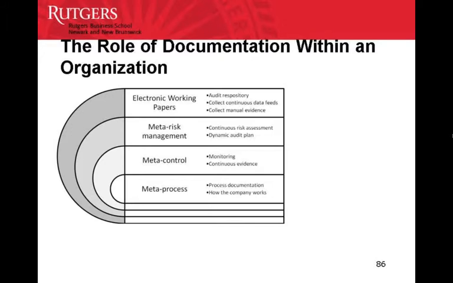But what Ryan says here is you have this audit repository, data field collection, manual evidence, and then you can have something like CRMA, meta risk management. You can have CCM, which is control management, and then you have process management with the data itself. So, it's another way to do things, although this is a conceptualization that doesn't have a lot.